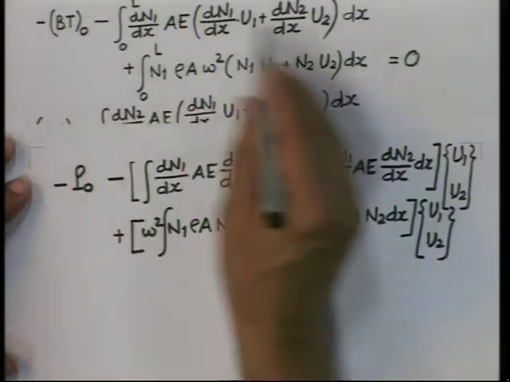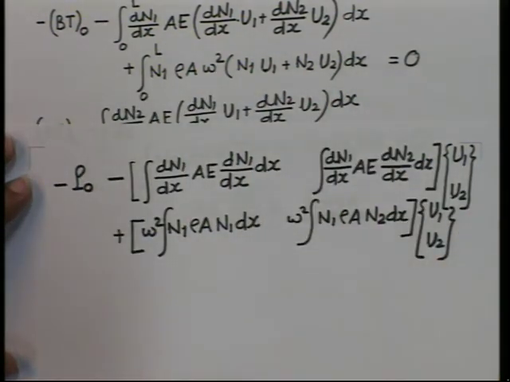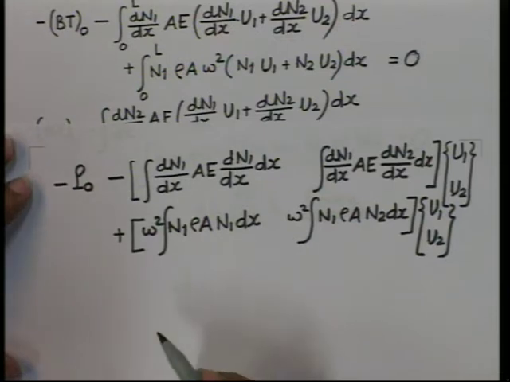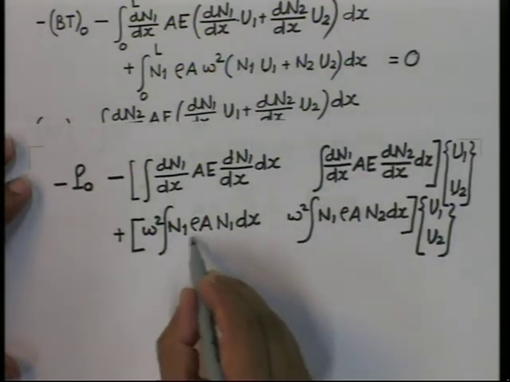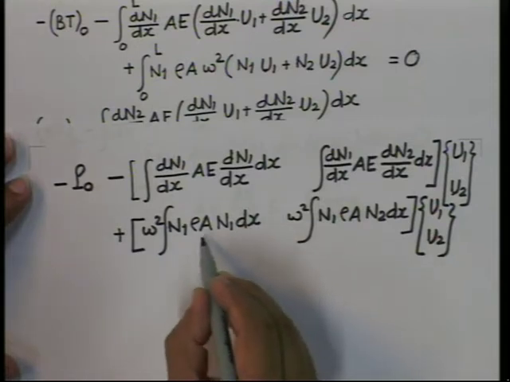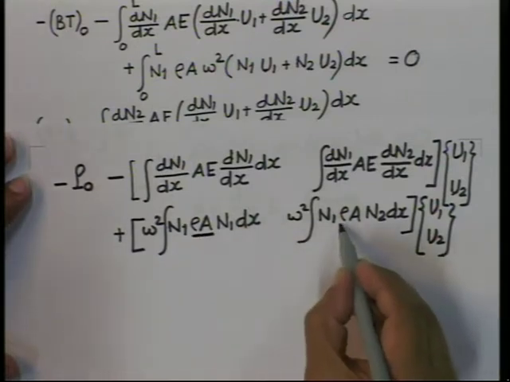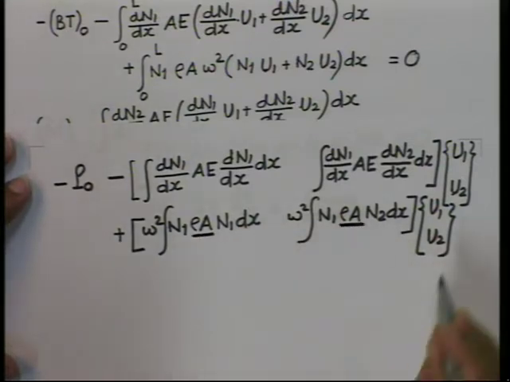This is the second row, and that is equal to 0.